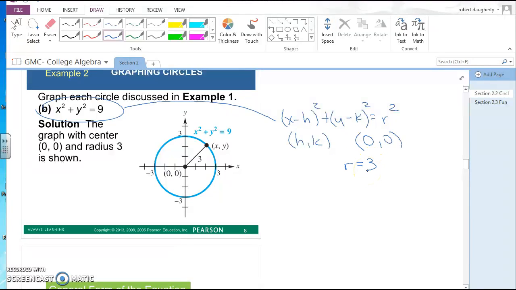What they graphed here has 0, 0 as the center, and then the radius was 3. So go 3 in every direction, and their circle is much nicer than mine. That is the circle with a center of 0, 0 and a radius of 3.